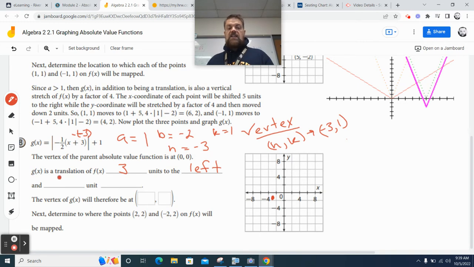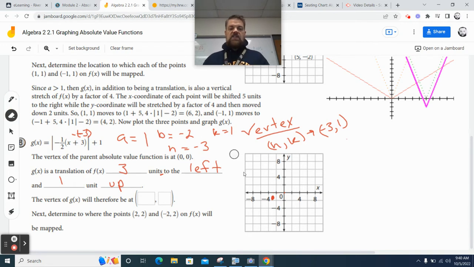And then K does 1 unit. Notice that they have plural units and unit. 1 unit. What does positive 1 do? Moves it up 1. So what they're saying is, hey, if your vertex is here and you go 1, 2, 3, and down 1. Oh, wait, it's up 1.